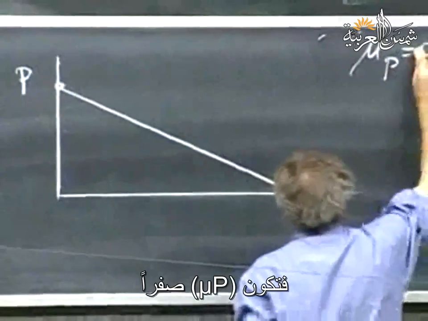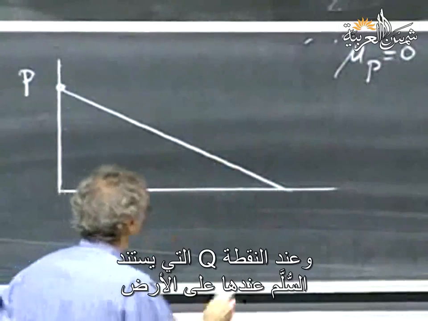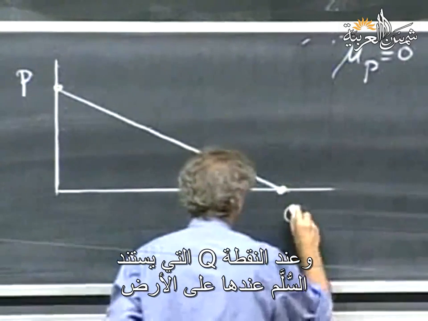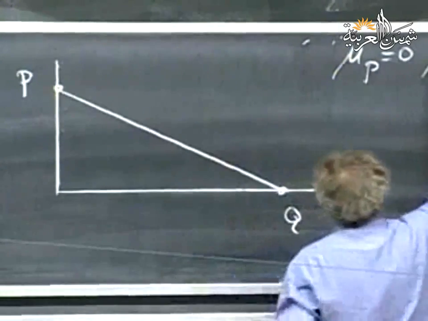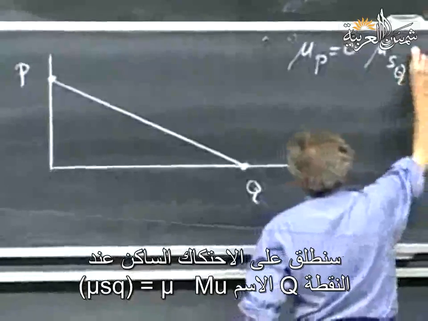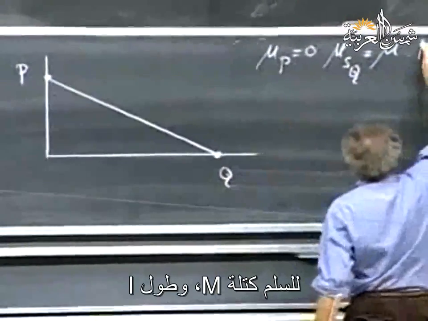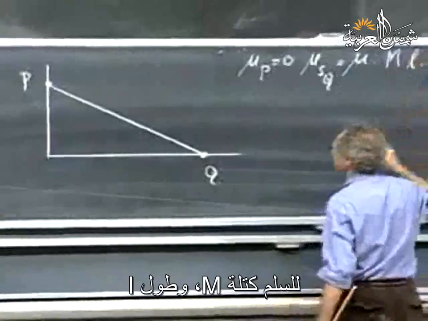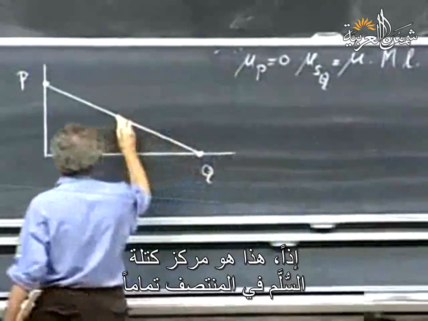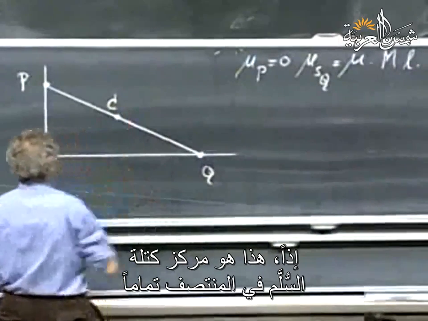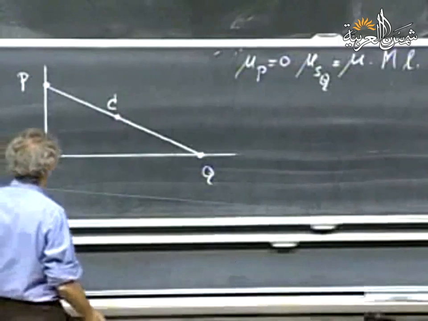Mu of P is 0. At point Q here, where it's resting on the floor, there is friction. The static friction at point Q, we'll simply call that mu. The ladder has a mass m, and it has a length L. So here is the center of mass of that ladder, right in the middle.